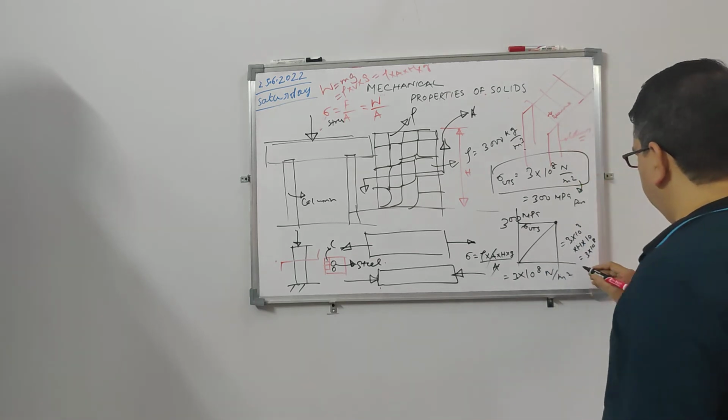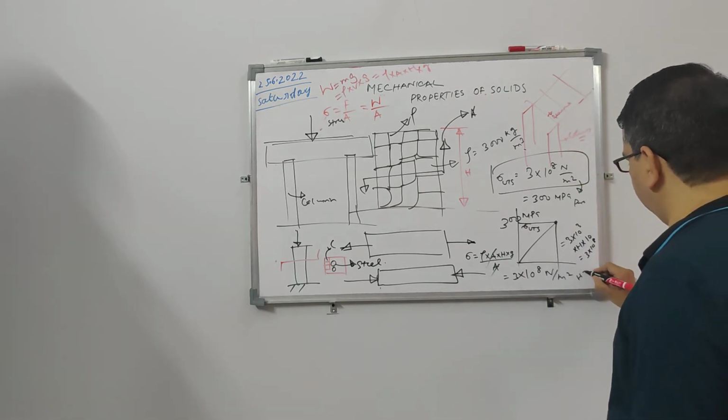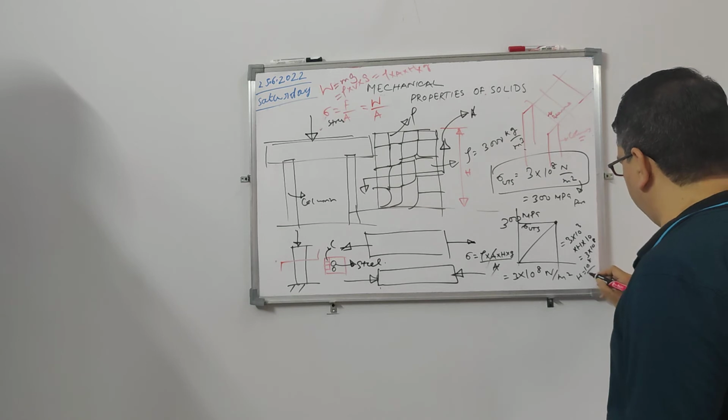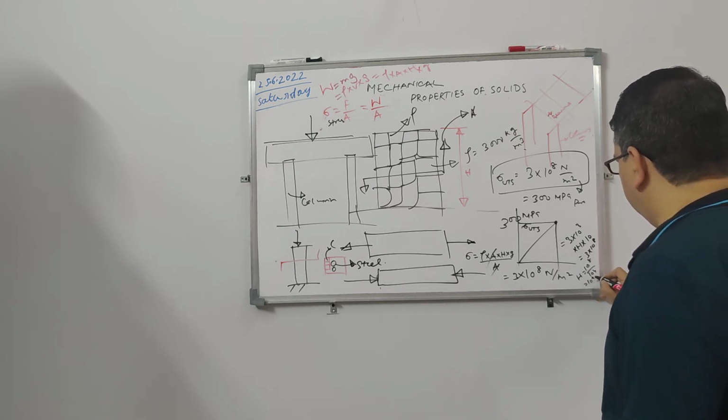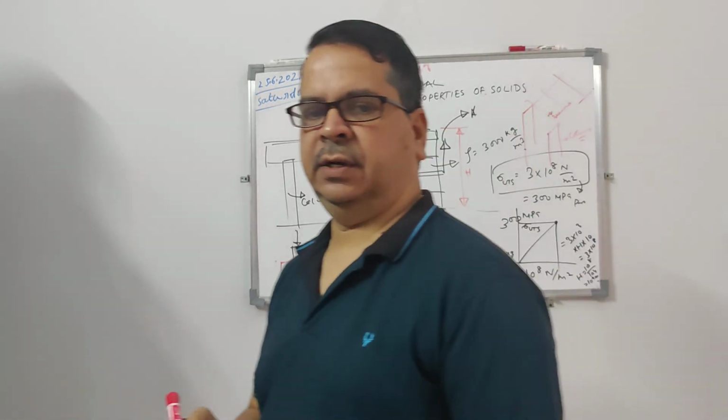The 3 cancels, so H is equal to 10 to the power 8 divided by 10 to the power 4. That means it is 10 to the power 4 meter, so 10,000 meter.